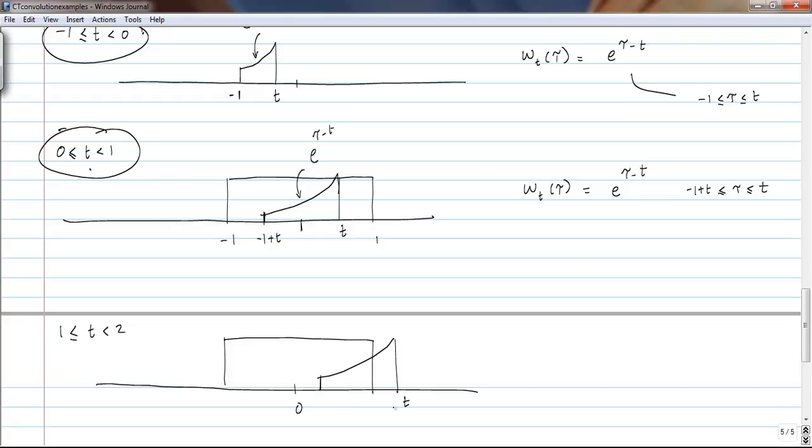So this is t, this is 1, this is minus 1 plus t. So here w sub t of tau is equal to e raised to tau minus t, but only for values of tau between minus 1 plus t and 1. So basically only for this part, because this part goes away, becomes 0 because it gets multiplied by 0.